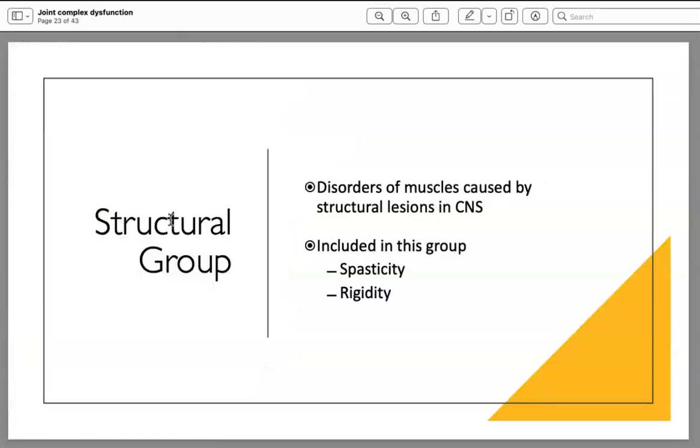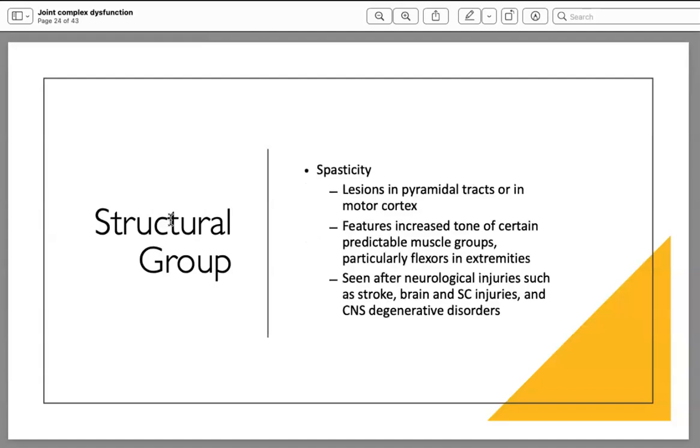Muscle dysfunction can also cause restrictions. When we're thinking about structural dysfunction, we're going to categorize that more as structural lesions to the central nervous system, leading to elements of spasticity and rigidity.